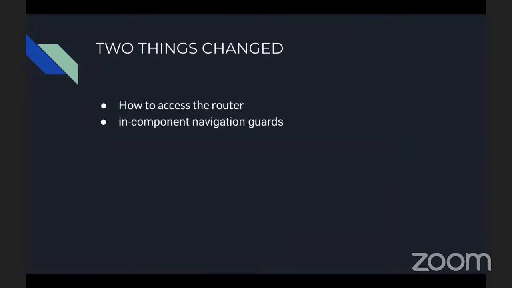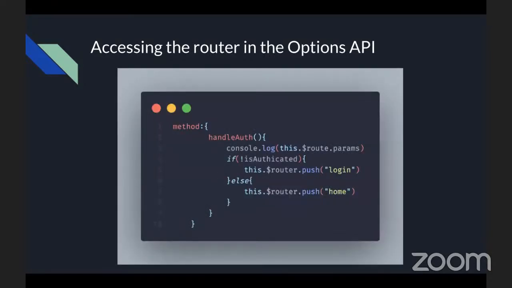So how did accessing the router change? Did the router disappear or did it go in a different place? When we're using the options API, this is how you are supposed to get access to the router or the route.